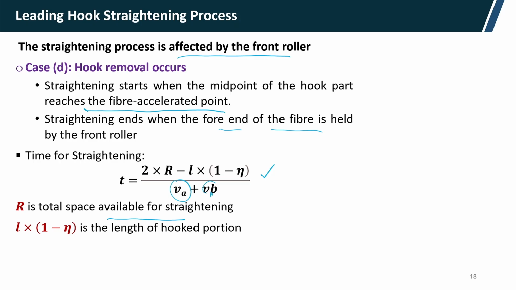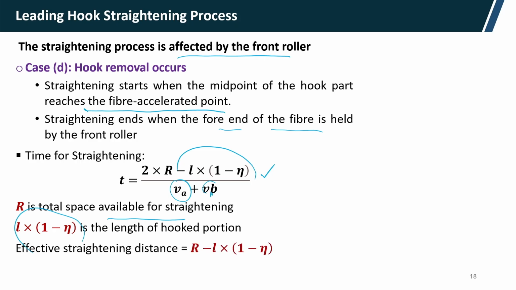L multiplied by 1 minus eta is the length of the hooked portion, and r minus L multiplied by 1 minus eta is the effective straightening distance. So, this difference is the effective straightening distance.